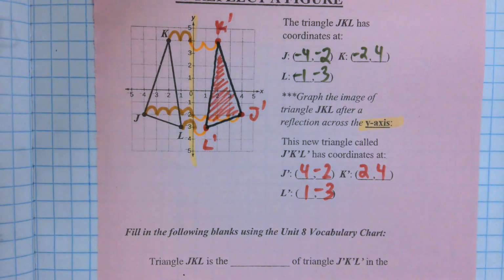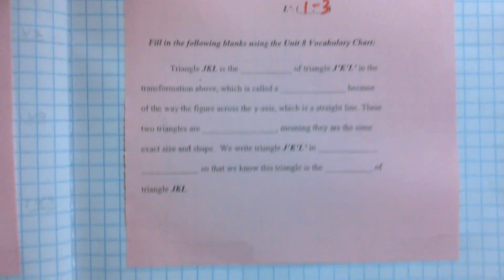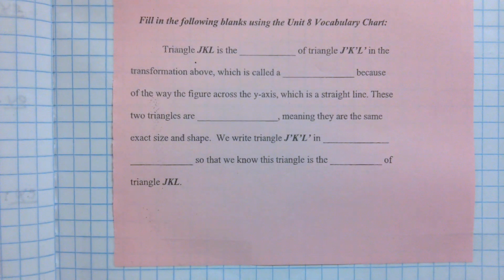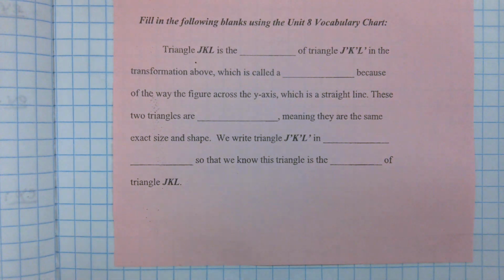Let's fill in some blanks down here with our vocab. Go ahead and flip over to your vocab chart for me real quick. You're already there? Good. Look at you. So in that previous problem, triangle JKL is the blank of triangle J prime, K prime, L prime in the transformation above. What's the vocab word that's going to go in that spot?